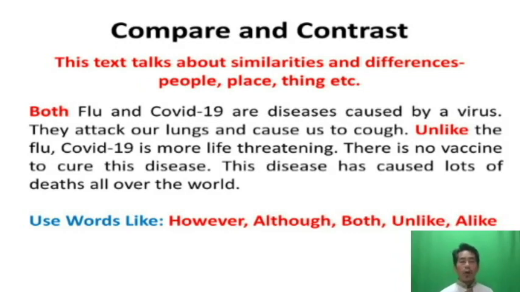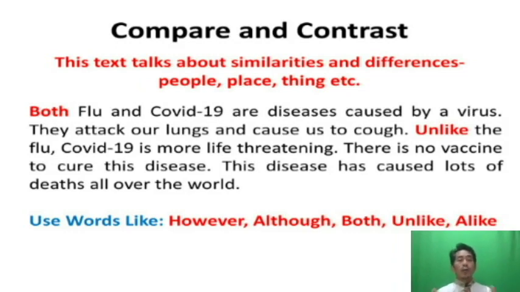Unlike the flu, COVID-19 is more life-threatening. There is no vaccine to cure this disease. This disease has caused lots of deaths all over the world. Now this is an example of compare and contrast. There are some similarities and there are some differences.